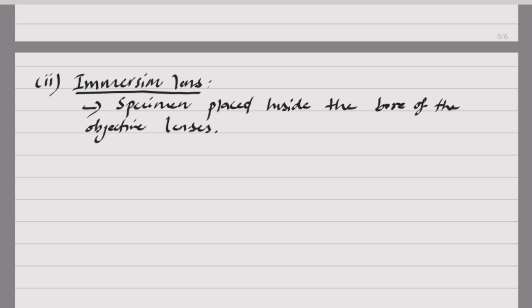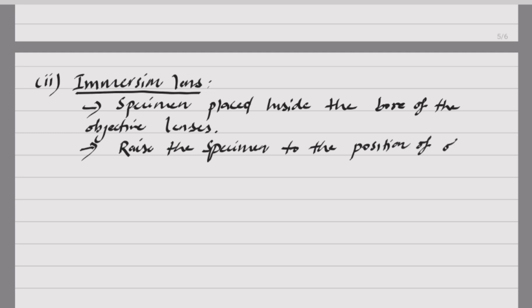As we need to keep the specimen inside the bore of the objective lens, we need to raise the specimen to the position of the objective lens.